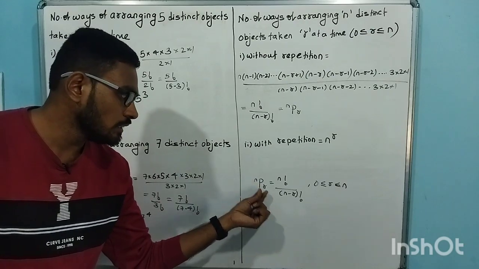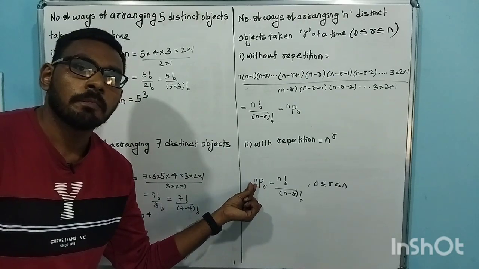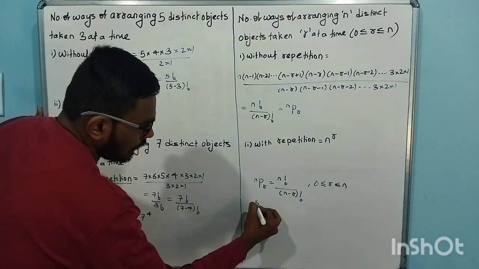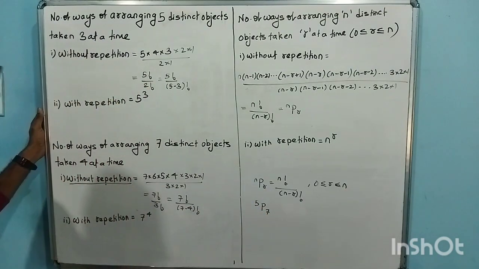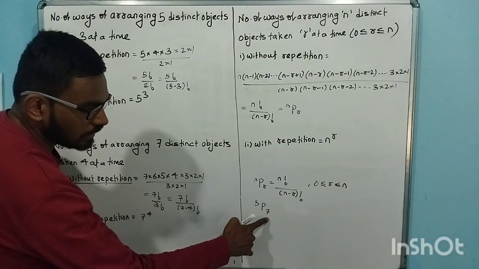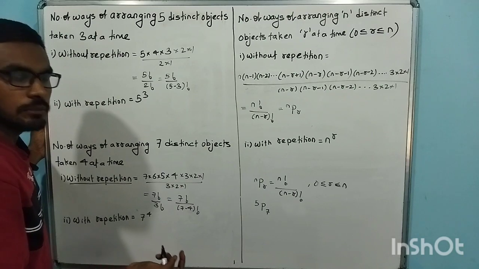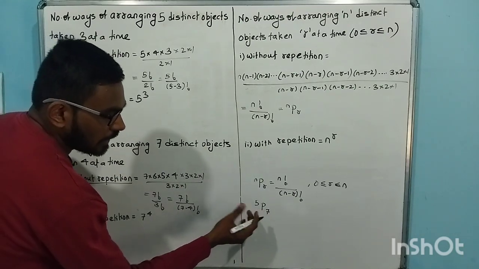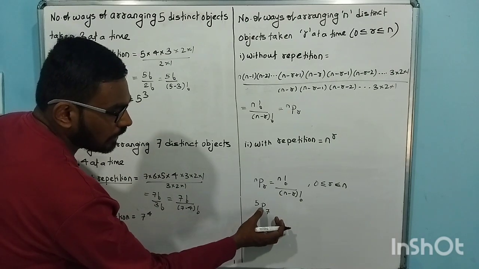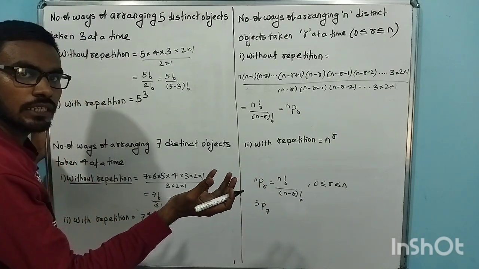It can be 0, but should be less than or equal to n. Otherwise, for example 5P7 means arranging 5 objects taken 7 at a time, but this is not possible because 5 objects can't be taken 7 at a time. 5 objects can be taken 4 at a time, but how can we take 5 objects 7 at a time?